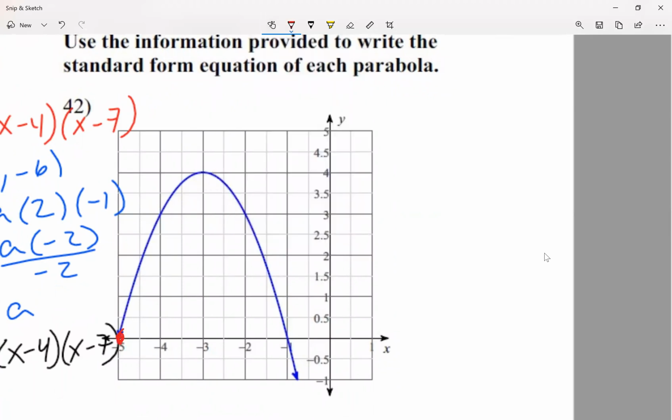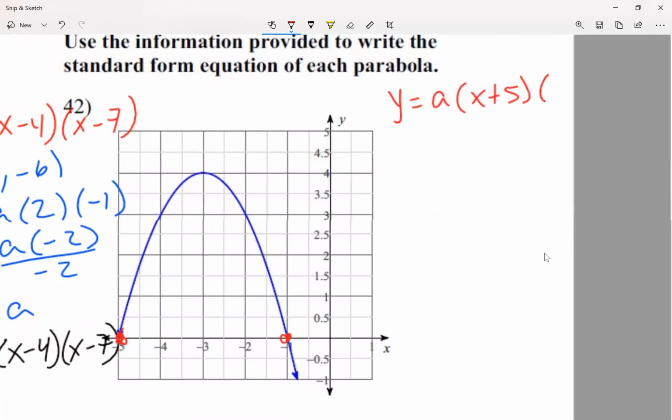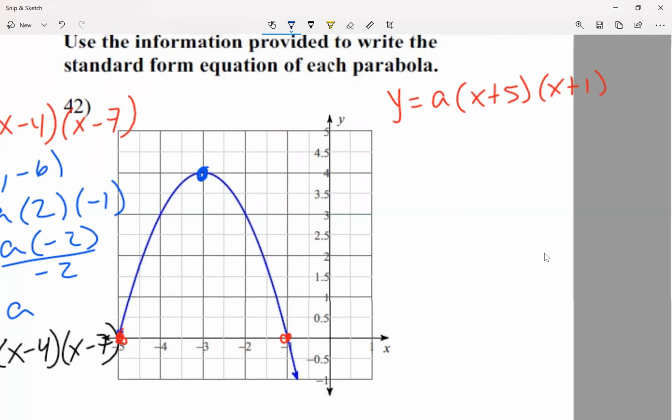I cross the x-axis at -5 and -1. So I have y equals a(x plus 5)(x plus 1). Let me choose a random point. I'm going to choose this point. My point is (-3, 4).